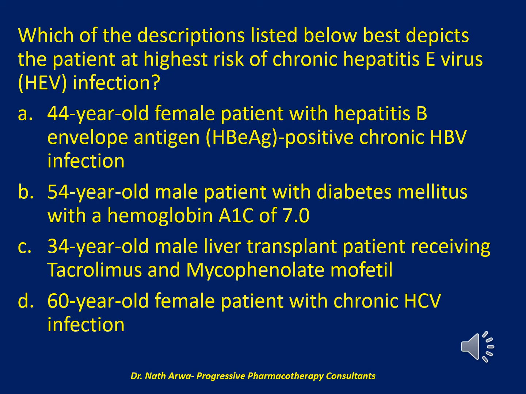Is it A. a 44-year-old female patient with hepatitis B envelope antigen (HBeAg) positive chronic HBV infection, or B. a 54-year-old male patient with diabetes mellitus with a hemoglobin A1C of 7.0, or C. a 34-year-old male liver transplant patient receiving tacrolimus and mycophenolate mofetil, or is it D. a 60-year-old female patient with chronic HCV infection? I will give you 10 seconds to choose the correct answer to this question from the listed options.